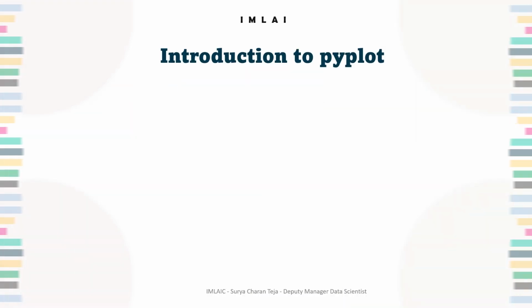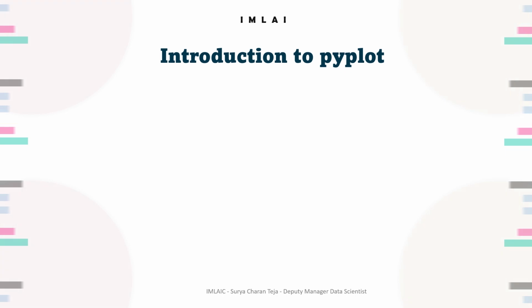So we'll begin with the introduction to pyplot. matplotlib.pyplot is nothing but a collection of functions. Matplotlib is a library, and in that, pyplot is one collection of functions that make matplotlib work like MATLAB. I hope you have worked with MATLAB. If you do not know, it's fine. Each pyplot function makes some changes to a figure.